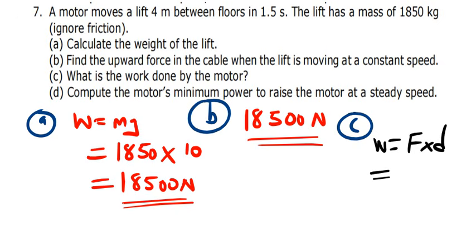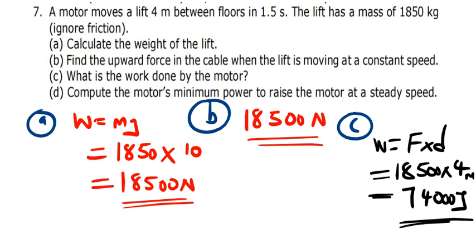We've already found our force, which is 18,500 Newton, multiplied by the 4 meters that it is going up. So just multiplying the two, I already have 18,500 on my calculator, so I'm going to multiply by 4. I'm going to get 74,000. This is work done, so it will be joules. So basically that's how I'm going to find my work.